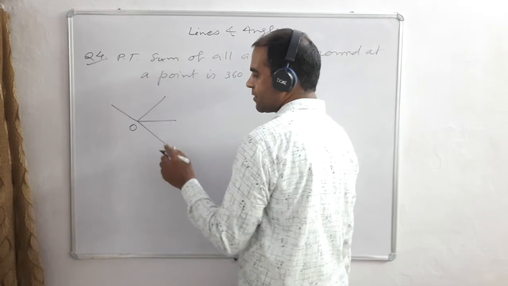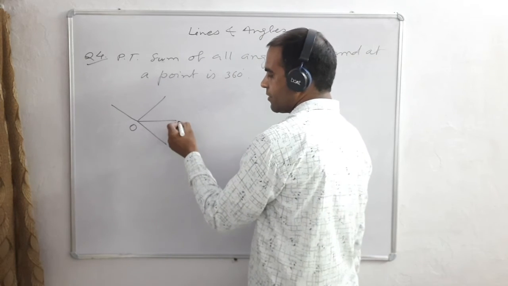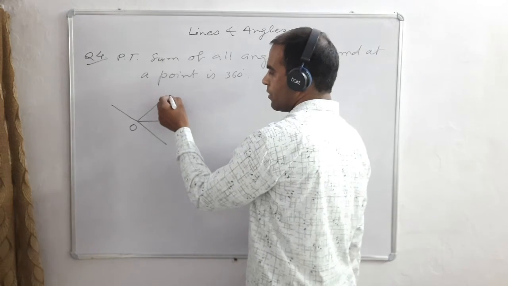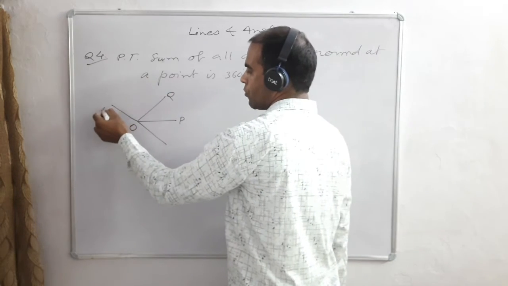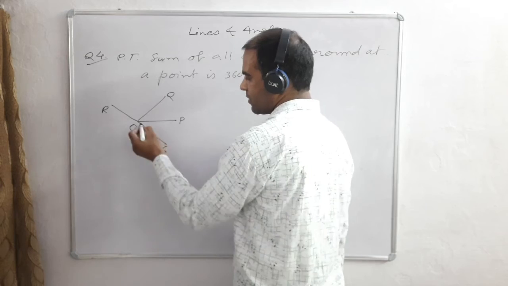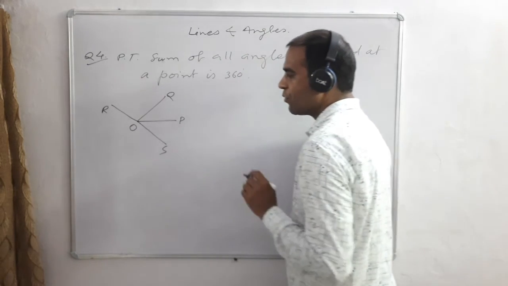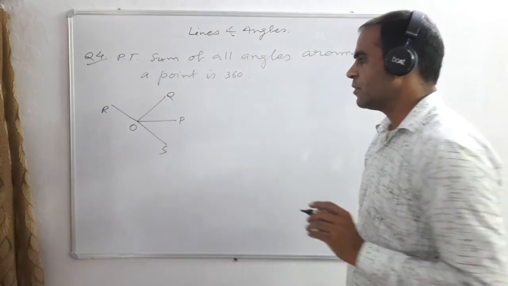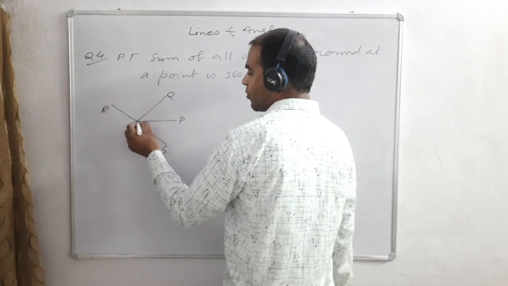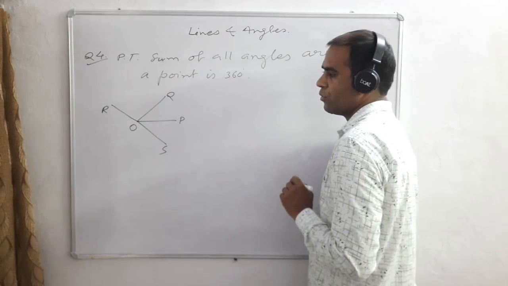Suppose we take these 4 lines, OP, OQ, OR and OS. There are 4 rays starting from a point O.